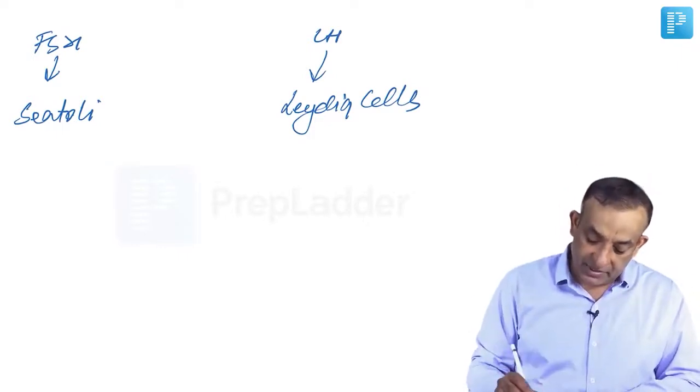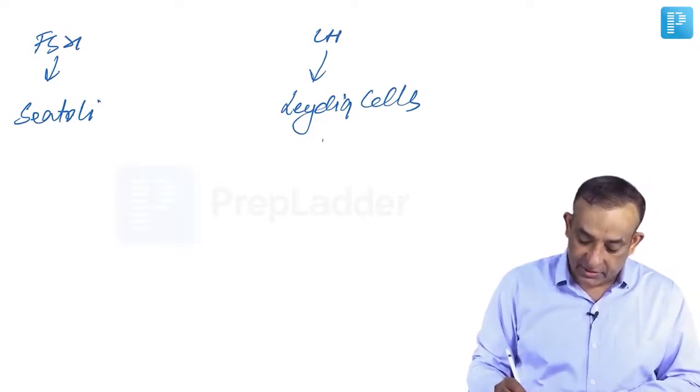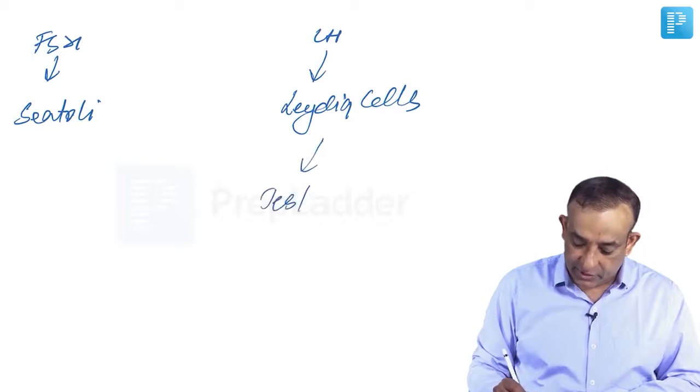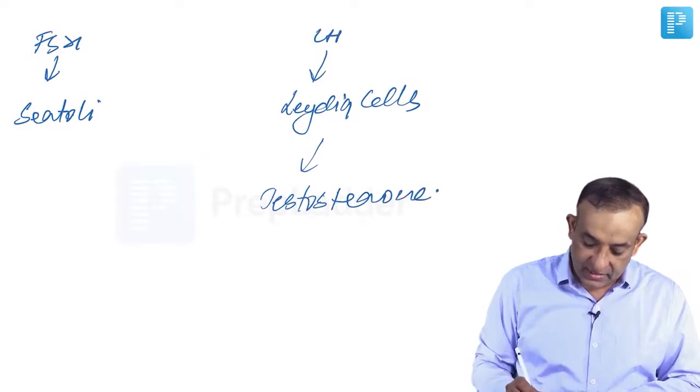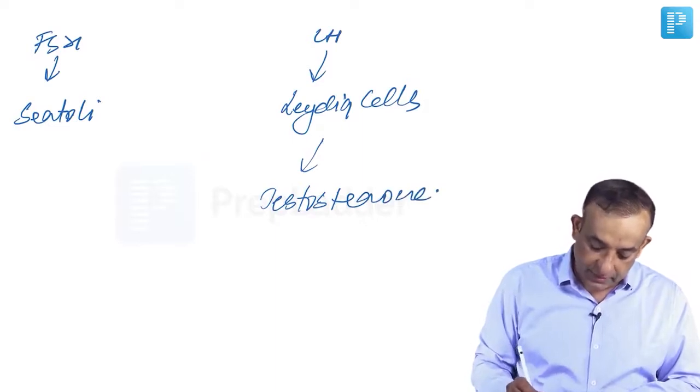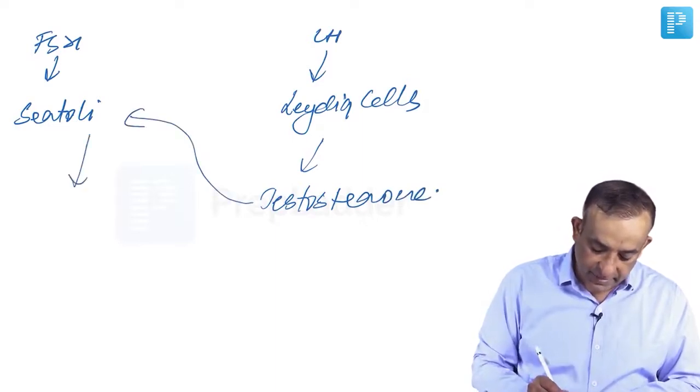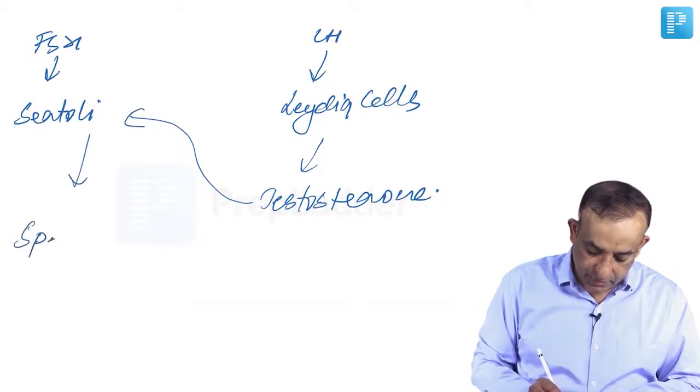So, what happens is that the LH acts on the Leydig cells to make the testosterone, and this testosterone is used by the Sertoli cells to make the mature spermatozoa. So, that is the interplay.